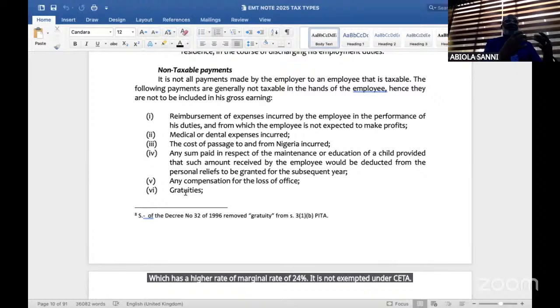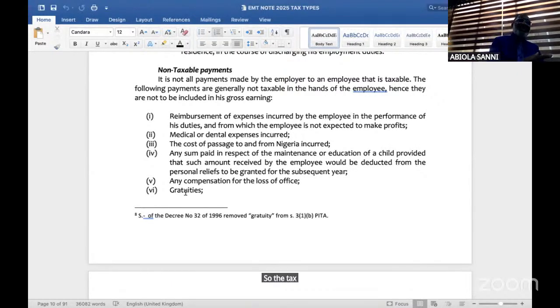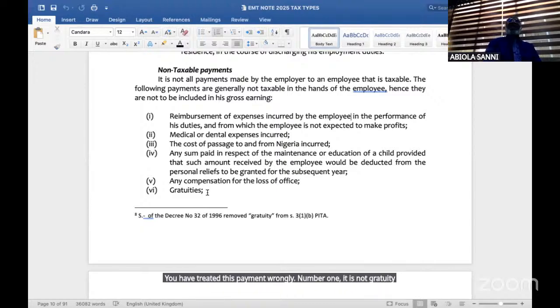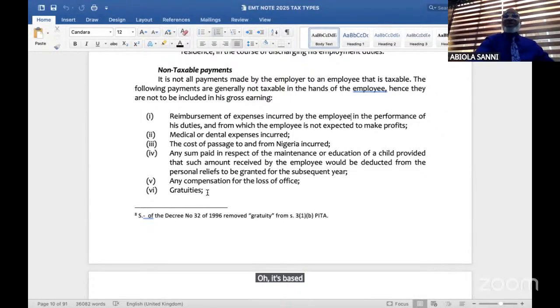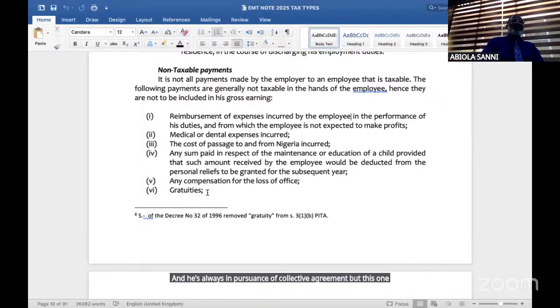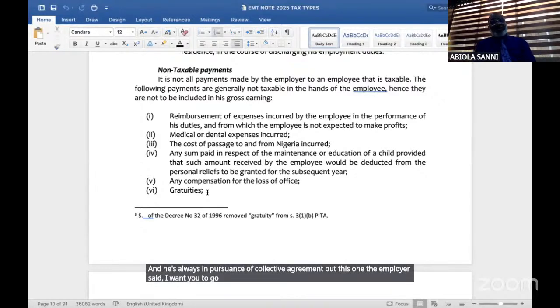So the tax authority is now telling the taxpayer that, look, you have treated this payment wrongly. Number one, it is not gratuity, because gratuity has a mode of calculating it. It is based on the number of years you have spent, and is always in pursuance of a collective agreement. But in this one, the employer has said, I want you to go early. I'm encouraging you to go, Professor Sonny.